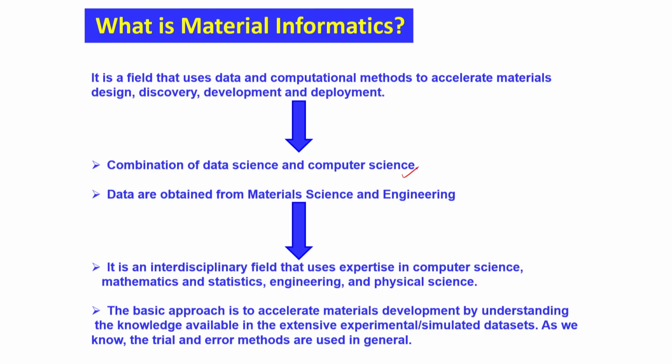One has to be good at many of these, right. Obviously, one cannot be good at everything, but at the same time, if you have some knowledge of material science, you can learn the aspects of computer science, machine learning, statistics as well as physics principles to make you an expert in data science. So, the basic approach is simply by understanding whatever knowledge is available, okay.